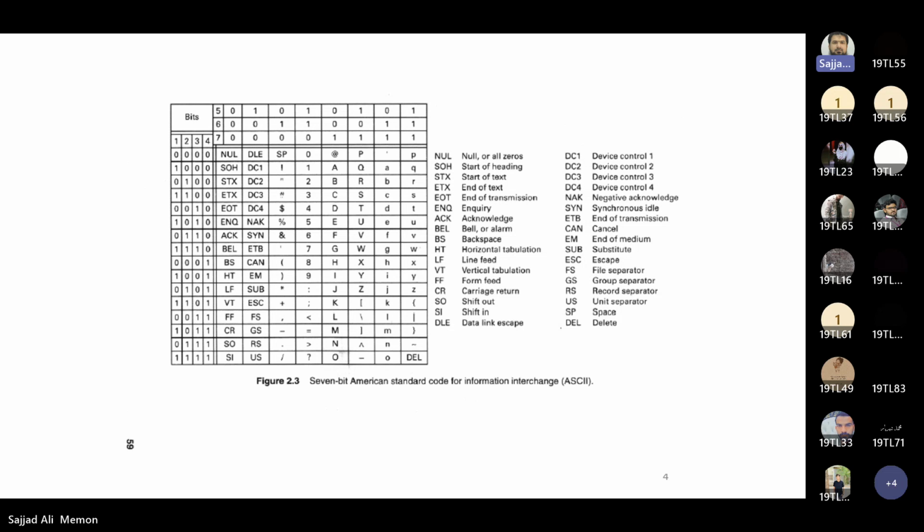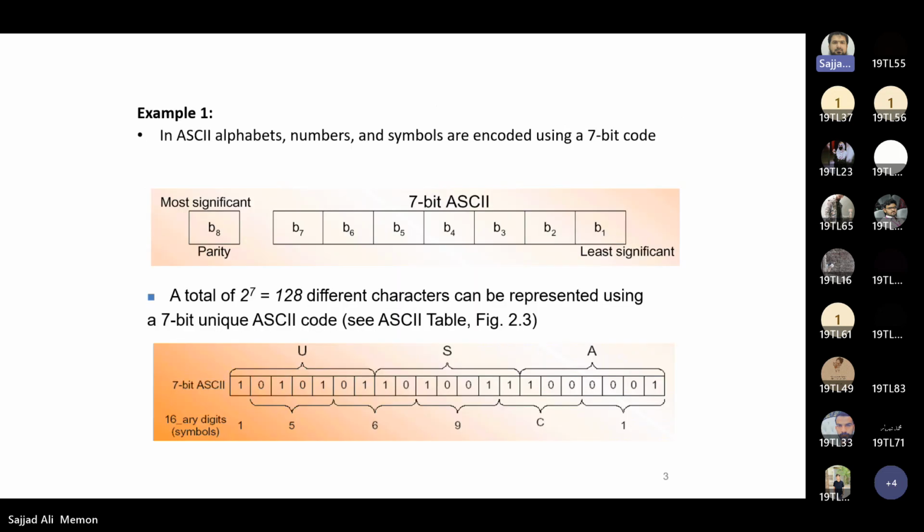So this is how we convert alphabets or numbers using the ASCII table. So we use the ASCII table to convert this input in the alphabets into the 7-bit ASCII code.